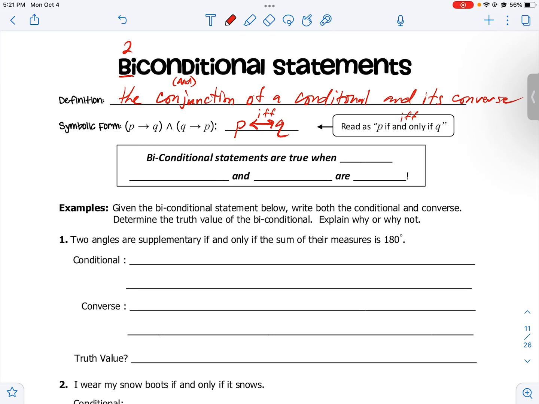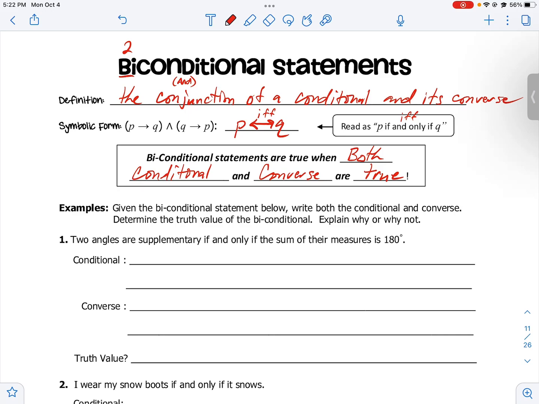So a biconditional statement is true when both the conditional and the converse are true, because that's what has to be the case for an and statement. Both sides have to be true. So it has to be true forwards and it has to be true backwards. If this, then that, and if that, then this, and it's both true, it's a biconditional statement that is true.